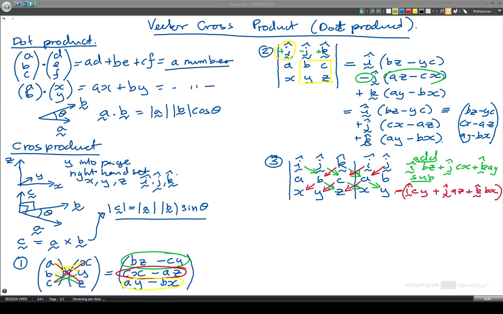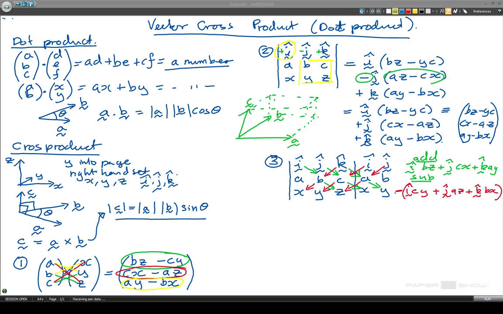The first is that if we have some sort of shape like this, let's say we have vectors a, b, and c, and we wanted to find out the volume of some sort of parallelepiped.